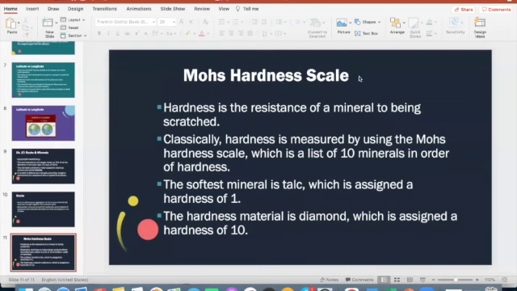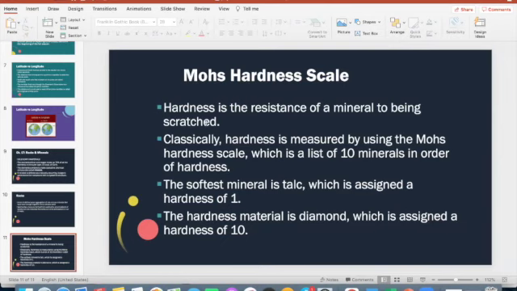Mohs hardness scale. Hardness is the resistance of a material to being scratched. Classically, hardness is measured using Mohs hardness scale, which ranges from 1 to 10, with 1 being the softest materials and 10 being some of the hardest materials found on the planet.